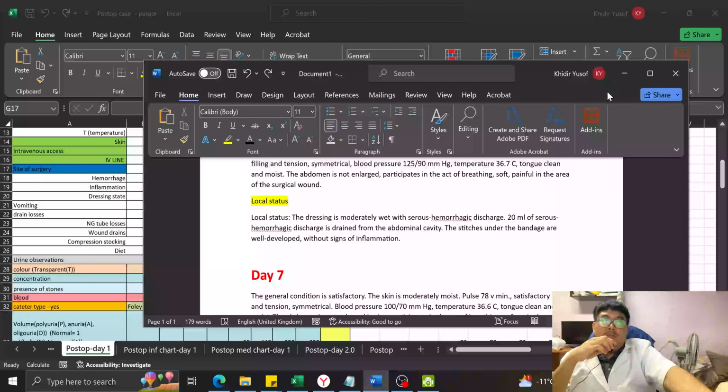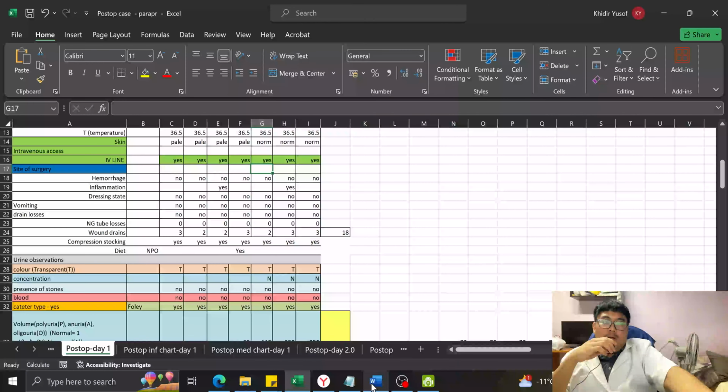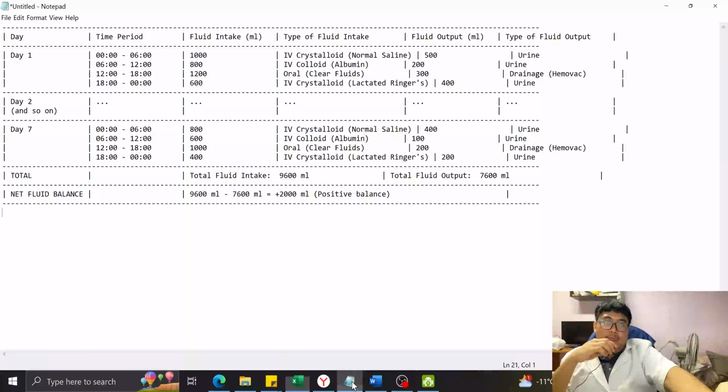The stitches under the bandage are well developed without signs of inflammation. And for the post-operative fluid care on the first day, we know that the patient lost 2 liters of fluid, and we need to correct this balance.